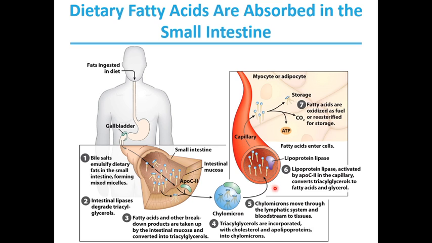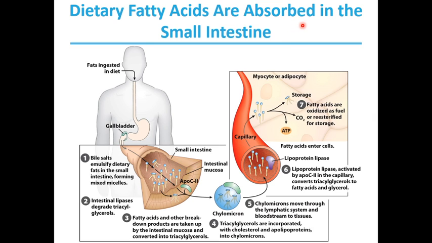So these chylomicrons get carried through the bloodstream into the adipose tissues, and they are also carried to muscle tissues. In the muscle, fatty acids are oxidized for energy. In adipose tissues, they are re-esterified for storage. That's the difference between two different cells as to how fats are being treated.